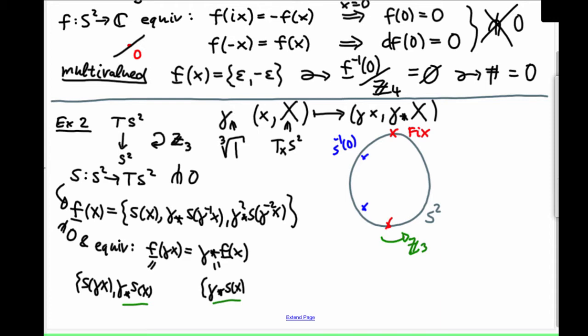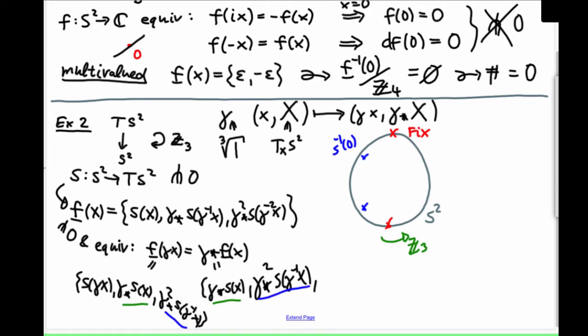If I apply gamma in here, I'm losing one of the gammas, so that's gamma squared star s of gamma inverse x. Let's see what I get here. So I'm supposed to just push forward with gamma, so I'm seeing gamma squared push forward s of gamma inverse x. That's also good news, because that's exactly this guy.